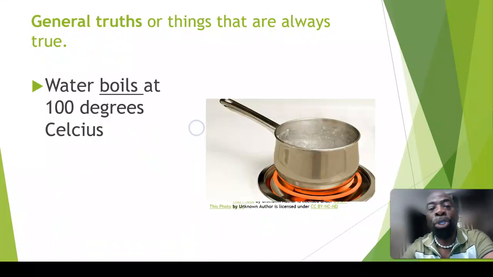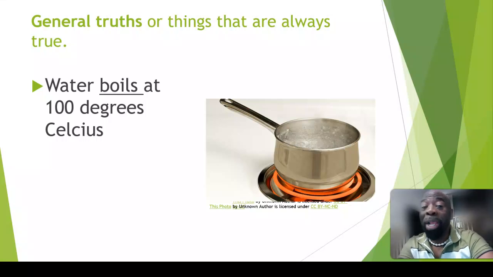Let's move on to look at the simple present expressing general truth. Example: water boils at 100 degrees Celsius. That happens wherever you are. In Jamaica, in Mexico, in Singapore, that is always the case.